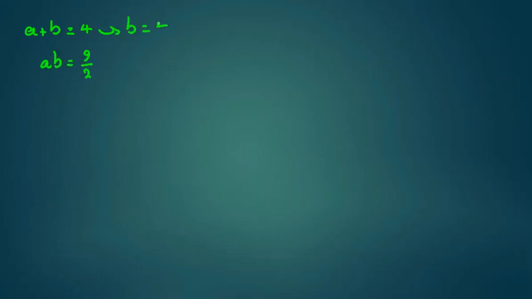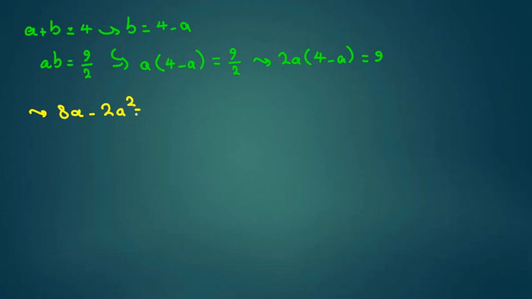From here, b is 4 minus a. Replace: a times 4 minus a equals 9 over 2. 2a times 4 minus a equals 9. Now we say, okay, 8a minus 2a squared equals 9. We take all things to the right side: 0 equals 2a squared minus 8a plus 9.